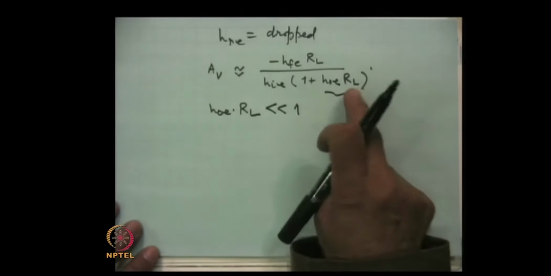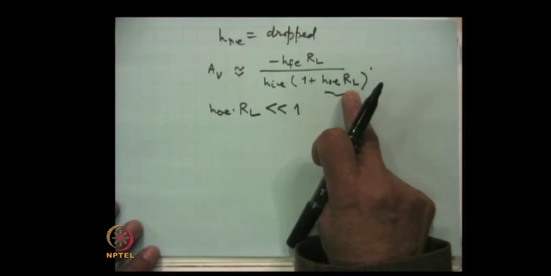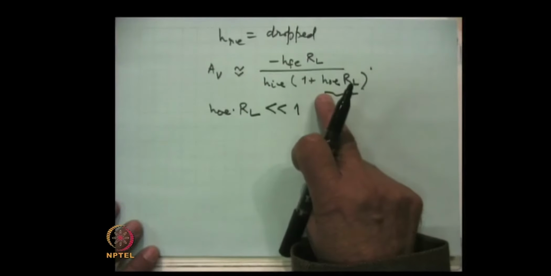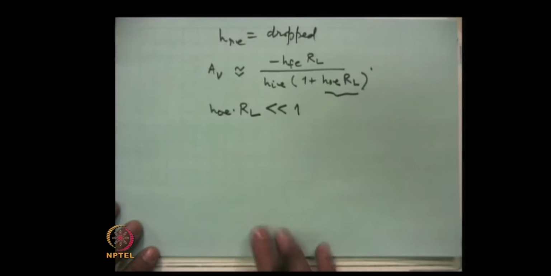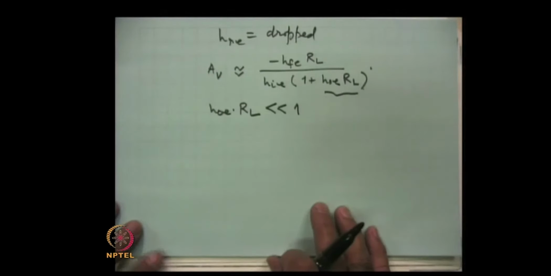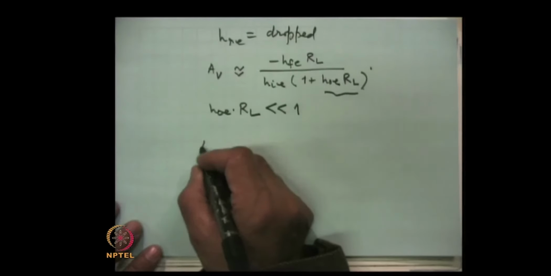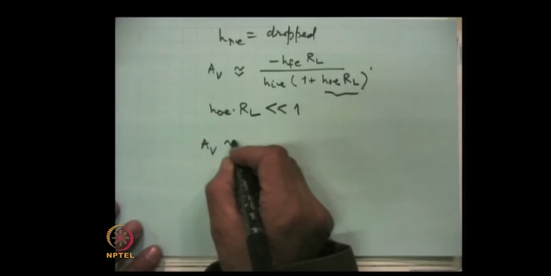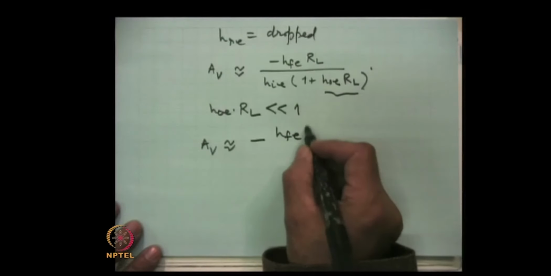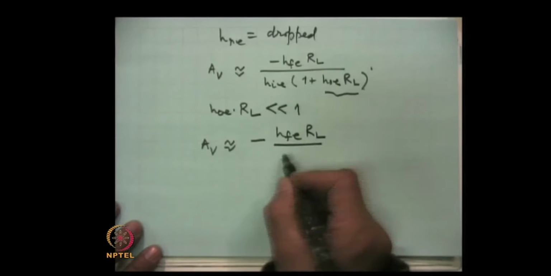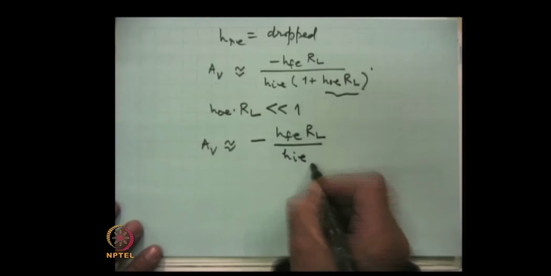We substitute the value of load resistance which we use in our amplifier, and we will find that this will be less than 1. So actually it may be dropped, and then the expression becomes very simple: minus HFE into RL by HIE.